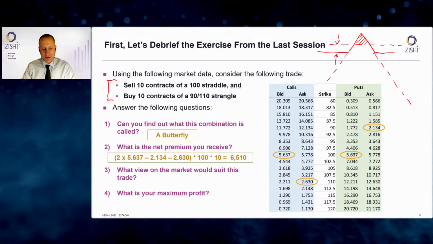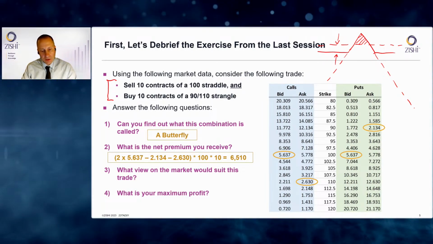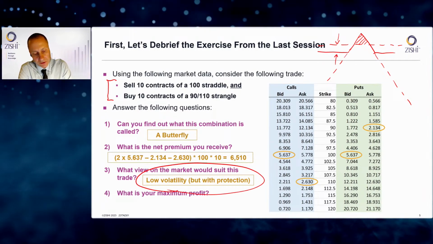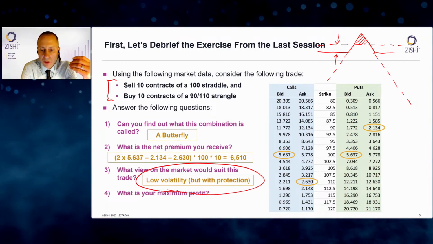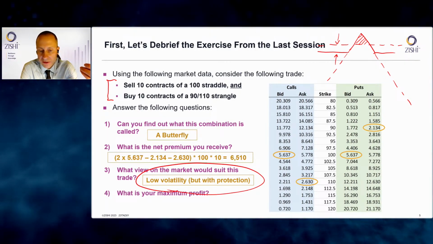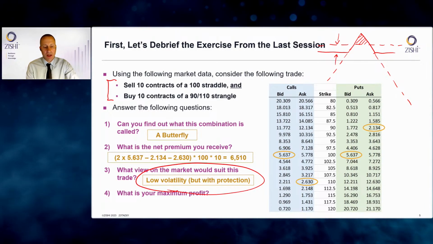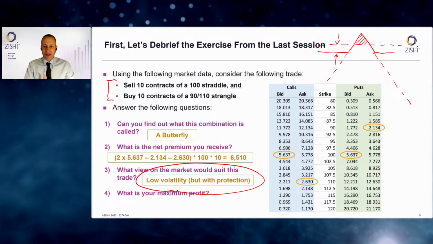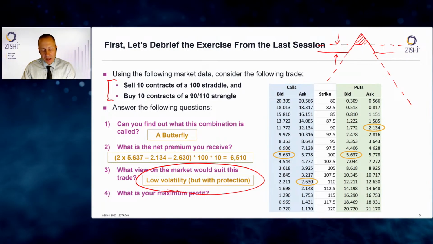I'm locking in a maximum loss. So what I said in terms of the market view was this would suit somebody who had a view that we were going to encounter a period of low volatility, so the market would be relatively calm, but they did want some protection just in case they were wrong, in case the market went too far against them, left or right.